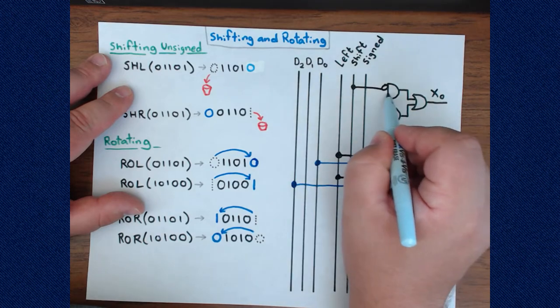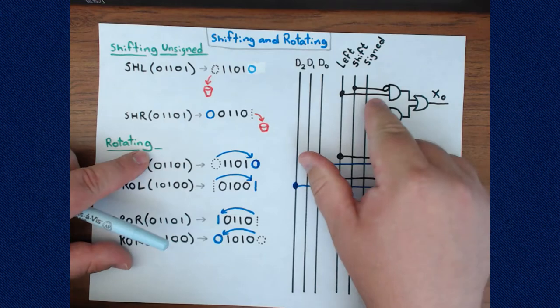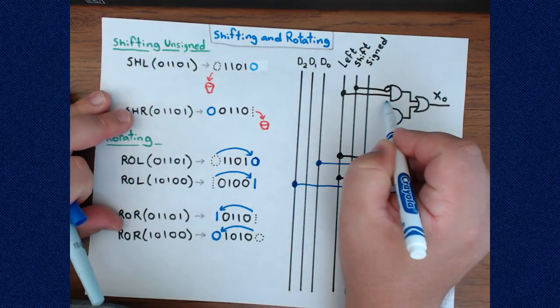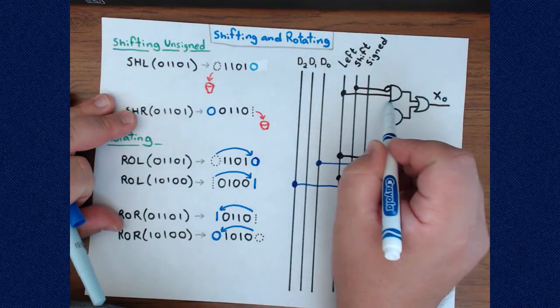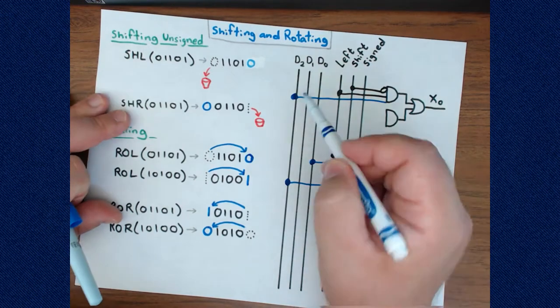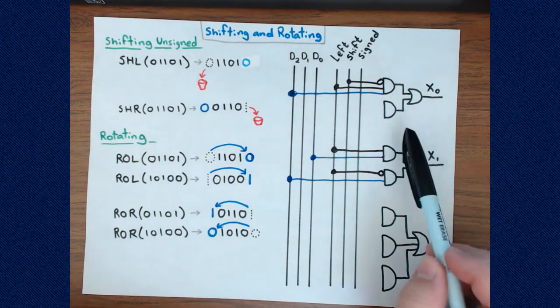Second, it's a left action. So that indicates left, not shift, or rotate. And then the data line that connects to this is going to be D2 because it wraps around. There's D2. Beautiful. Not really right on the connection though. Okay, there we go.